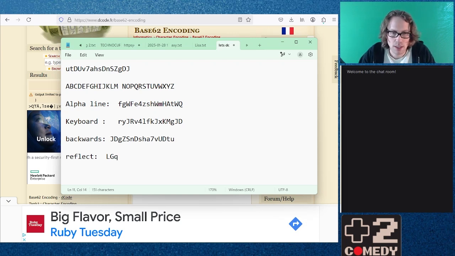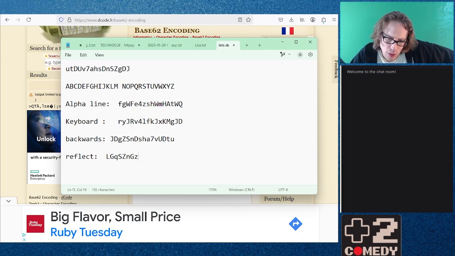Capital S, capital Z. Lowercase n reflected, I would say, is n. D, we're calling it a G, which I don't like at all. S becomes a Z. Lowercase h reflected.